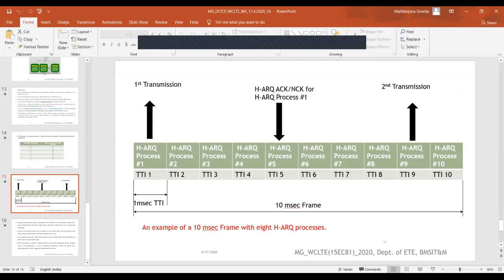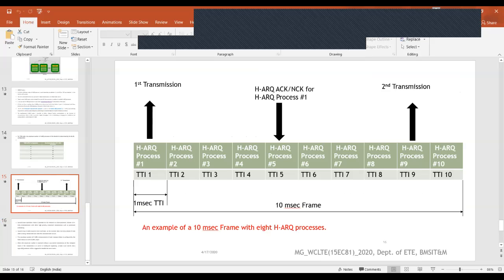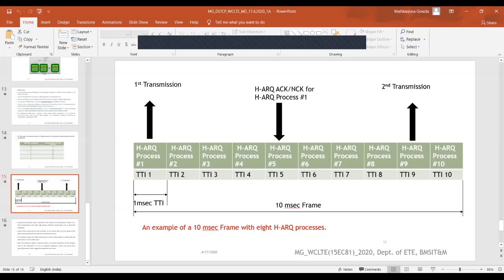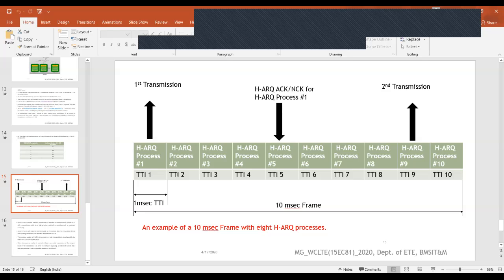I think you can read this diagram as an example. So the time interval is 8 milliseconds between successive transmissions, means the maximum number of hybrid ARQ processes used in FDD asynchronous mode in downlink is 8. And for every 4 hybrid ARQ processes, the acknowledgement will be sent.